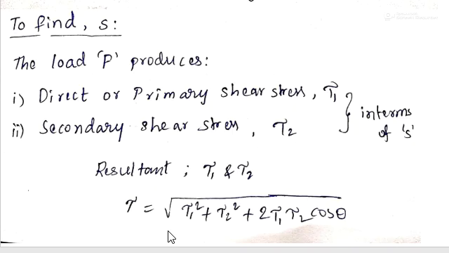So we'll use this parallelogram formula to find the resultant between tau 1 and tau 2, and we'll substitute tau 1 and tau 2 in terms of S here, and this is the allowable shear stress in the weld material, which is given as 80. So we'll solve this equation to find out S. This is what we'll do to find the size of the weld.